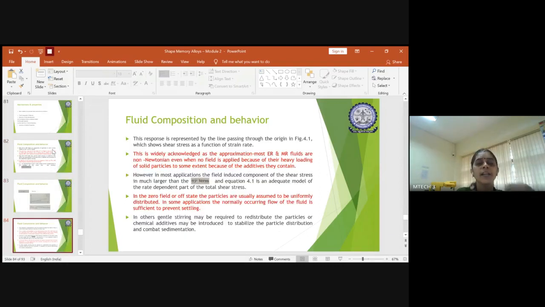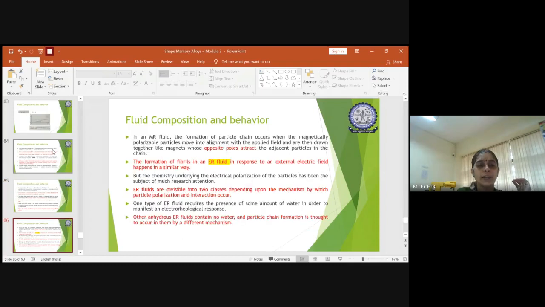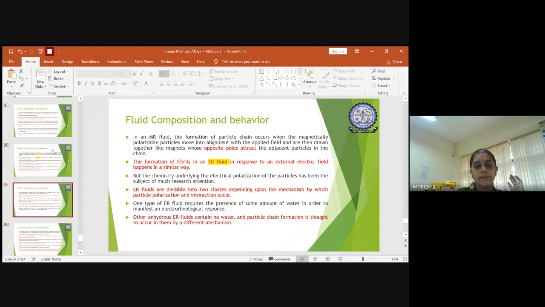After that, we said that ER fluid is better than MR fluid, and then we went on with the classification of the ER fluid. Later, we said the magnetic fluid is better than MR fluid because here the particles are at the nano level instead of the micro level, and we spoke about how it benefits. And later, we dealt with the two classifications of ER fluid, hydrous ER fluid and anhydrous ER fluid.